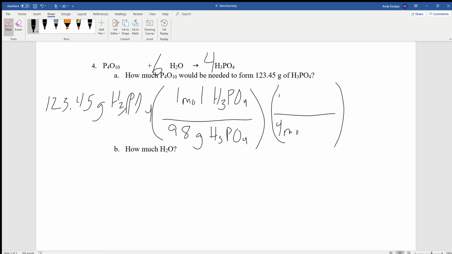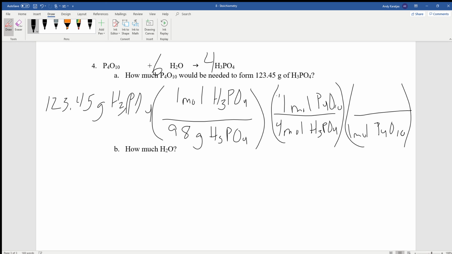So 4 moles of phosphoric acid go on the bottom, 1 mole of P4O10 on top, and then we need the molar mass of P4O10. Molar mass is 284 grams. And we find that to make 123.45 grams of phosphoric acid, we need 89.44 grams of P4O10.